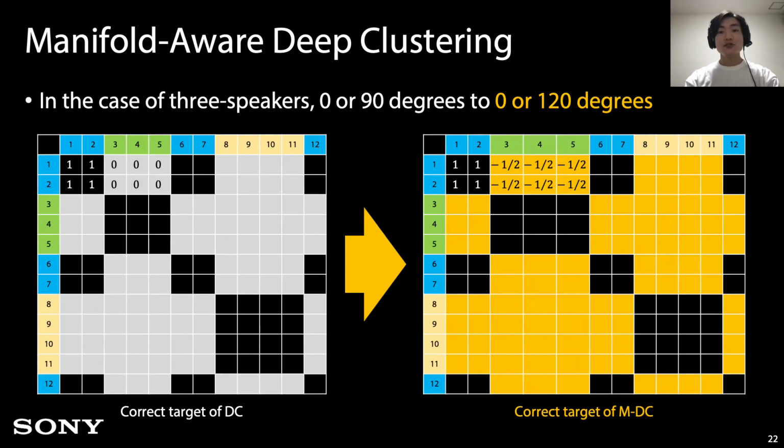Again, as we change the target angle in the embedding space, the matrix for the supervised training also changes. Since the cosine of 120 degrees is negative a half, the correct target matrix of MDC comes to be like this. 0 is replaced by negative a half.